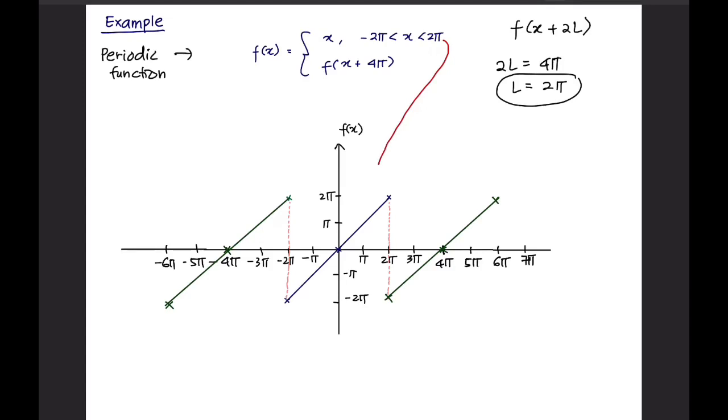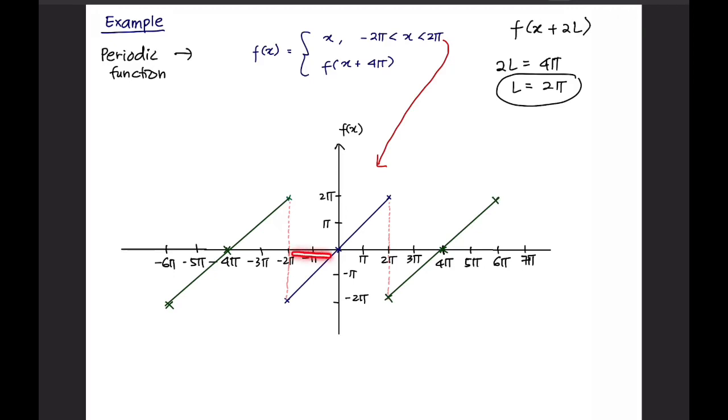This is the graph for this function. You draw from negative 2π to 2π, and the function is x. So this is the graph of x, f(x) equals x. Look at here, L equals 2π. The length of each side is 2π.